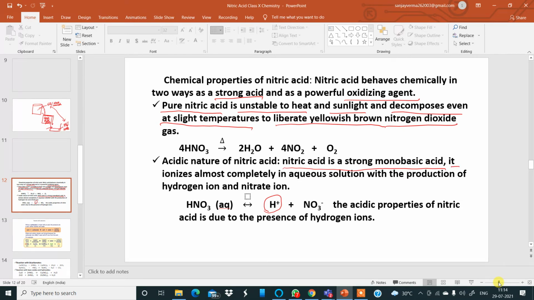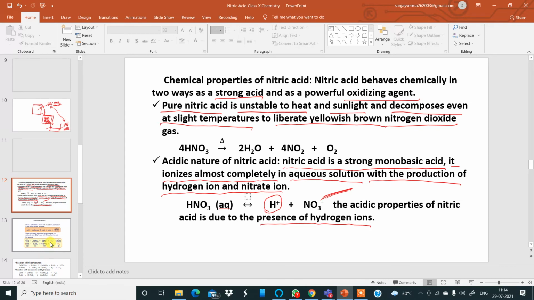It ionizes almost completely in aqueous solution with the production of hydrogen ion and nitrate ion, which you can see in the equation over here. So, this acidic property of nitric acid is attributed to the presence of hydrogen ions in the aqueous solution. So, these are the first two important properties of the acid.